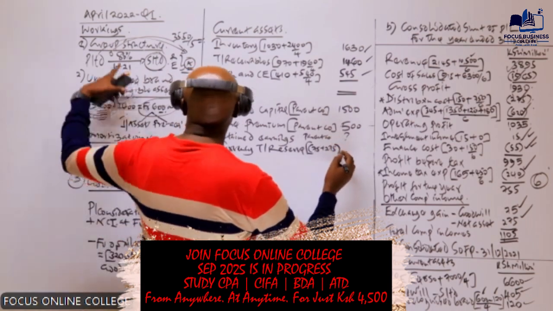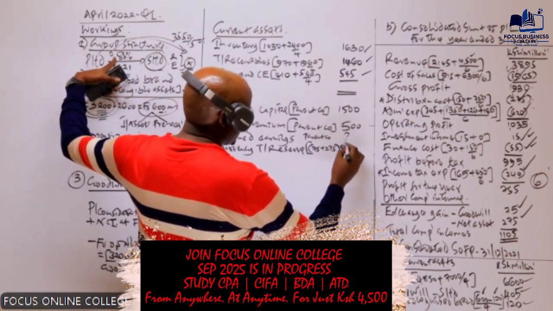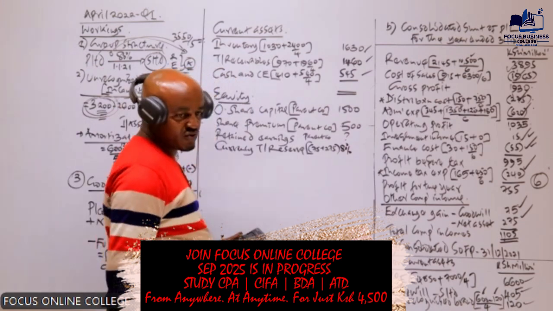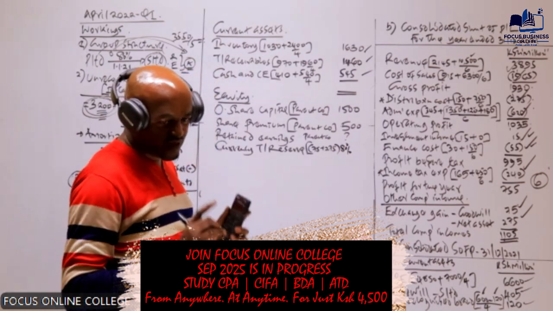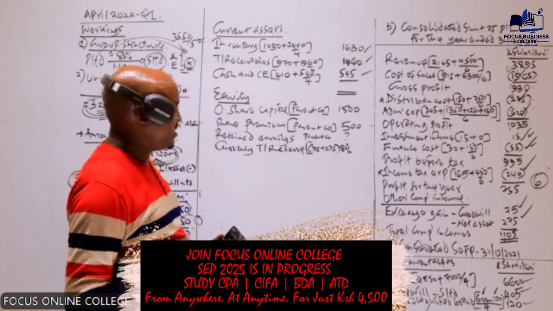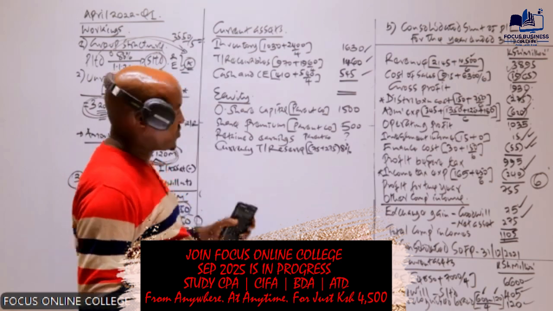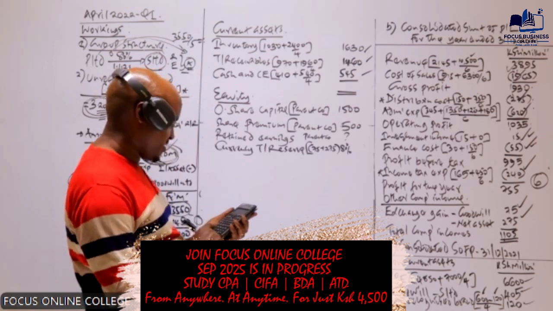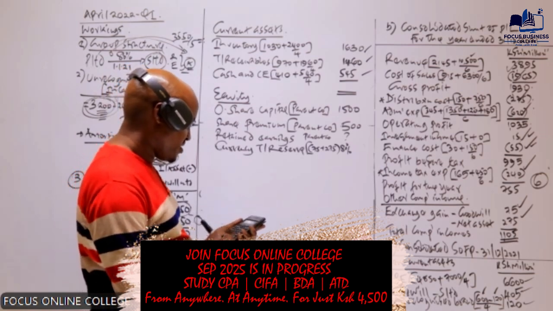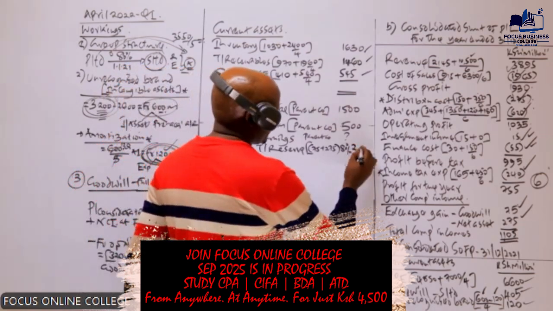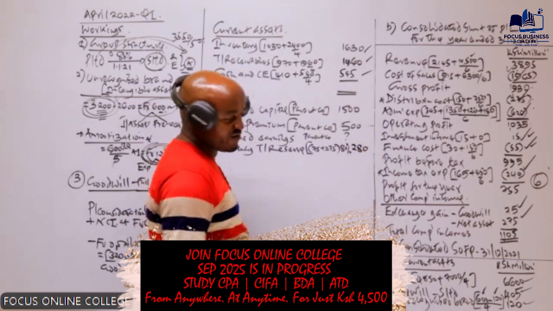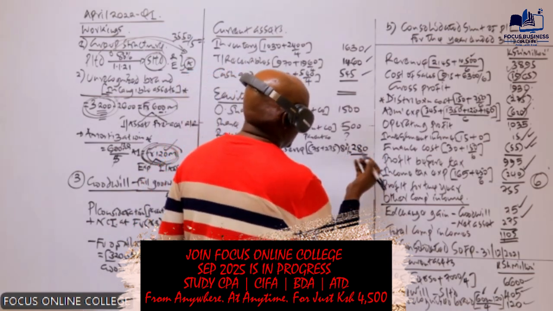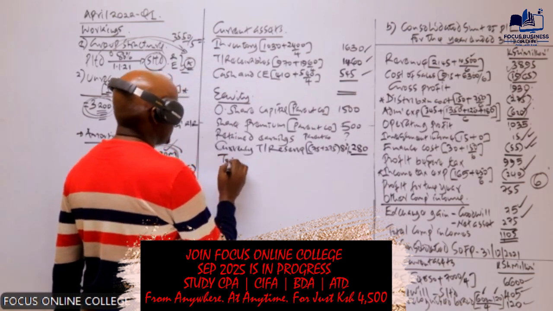That will be equal to 80% for the parent, which we include here. That's why you can see even share capital, share premium, we are including that of the parent. 80% of that will be 280. That one should be recognized there as a component of equity. So in that case, we can't get the total.